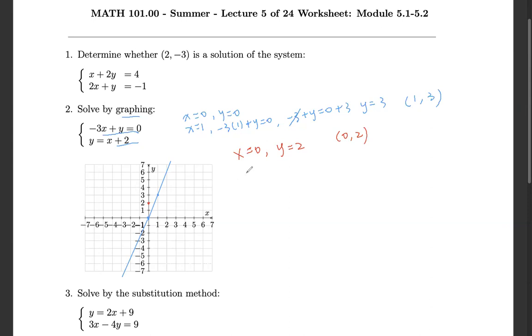If x equals 1 is easy, right? So y equals 1 plus 2, which is 3. So we have the point (1, 3). So (1, 3) at this point. You see, they intersect at this point. Where they intersect is the solution of the system.